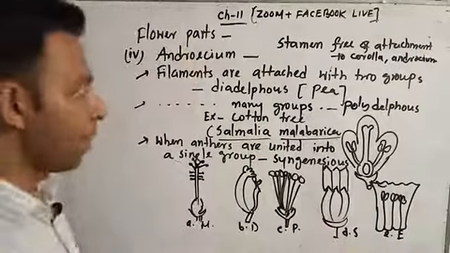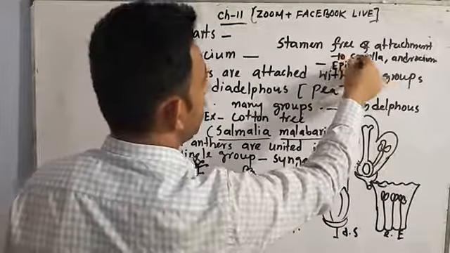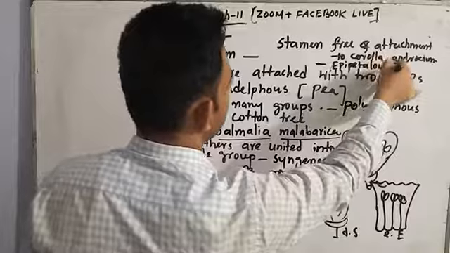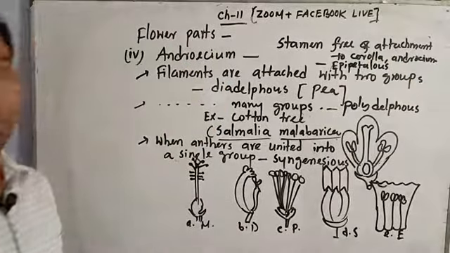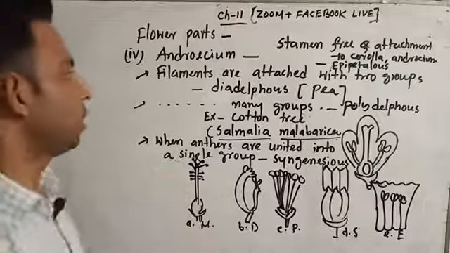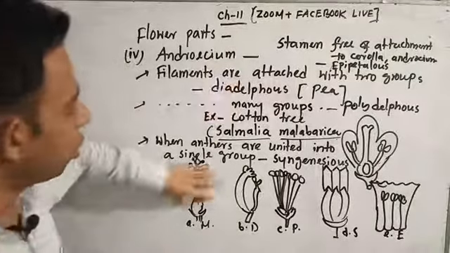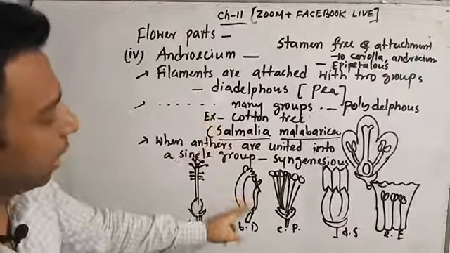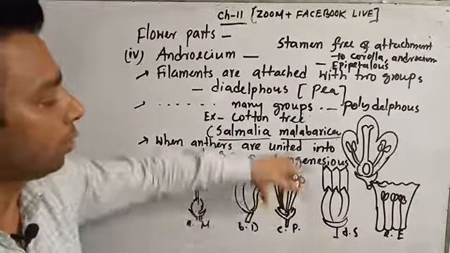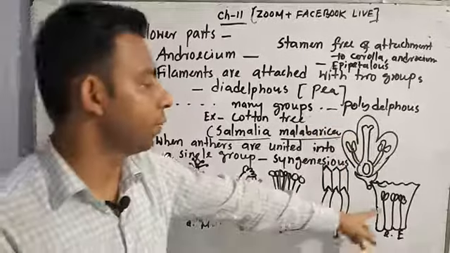When stamens are free of attachment, it is called epipetalous. Look here. All the 5 functional features we make sure here. Androecium: mono, single; di, double; poly, many of them to attach. Syngenesis, anther attachment in there.